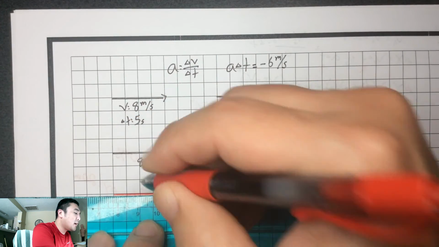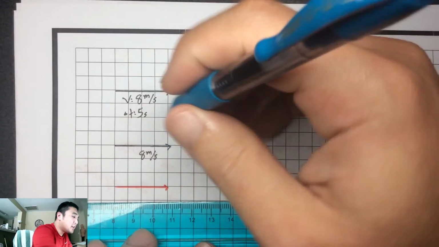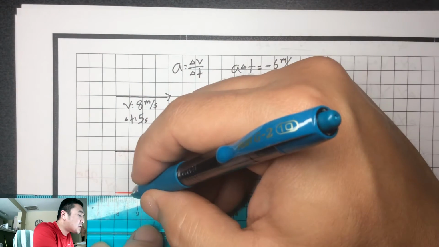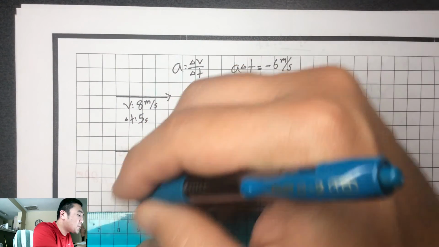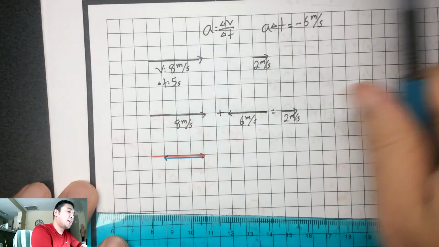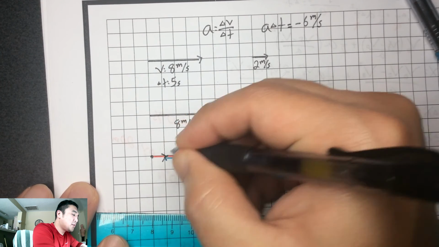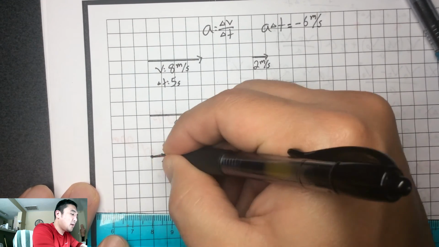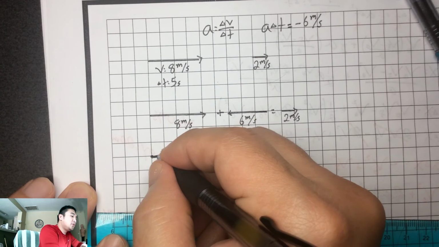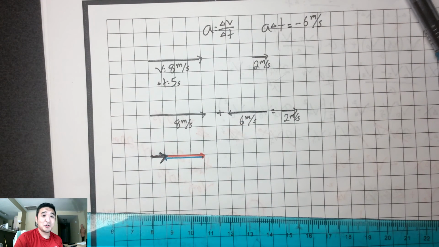I have 8, which is going to be represented by the red. I've got the 6, which is going to be represented by this blue one. And as you can see, what we have at the very end would still be this vector that would point to the right there, and that would be our 2 meters per second vector that we had originally.